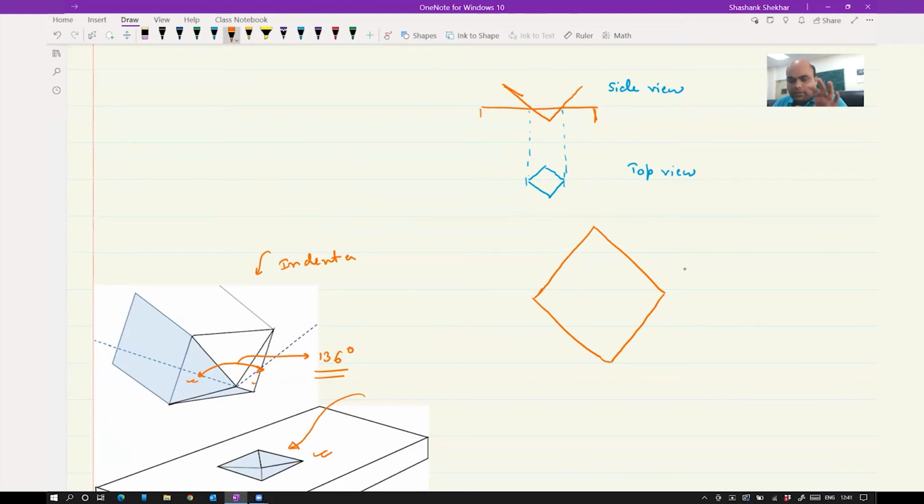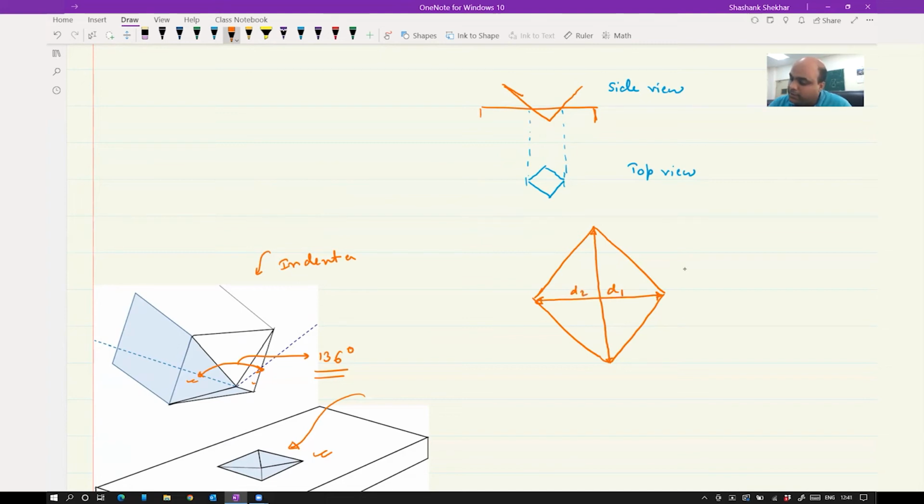I will show you the image of the indenter machine we use here in our lab. Then indent it, and then you measure these two diagonal lengths, D1 and D2.